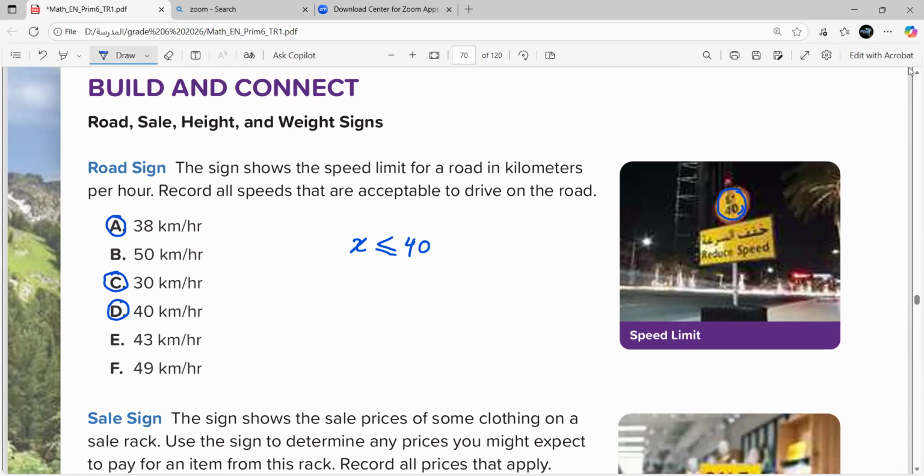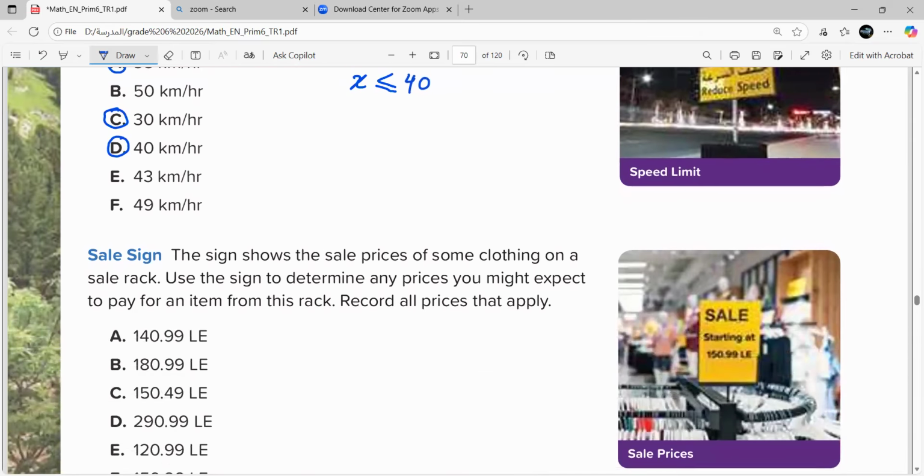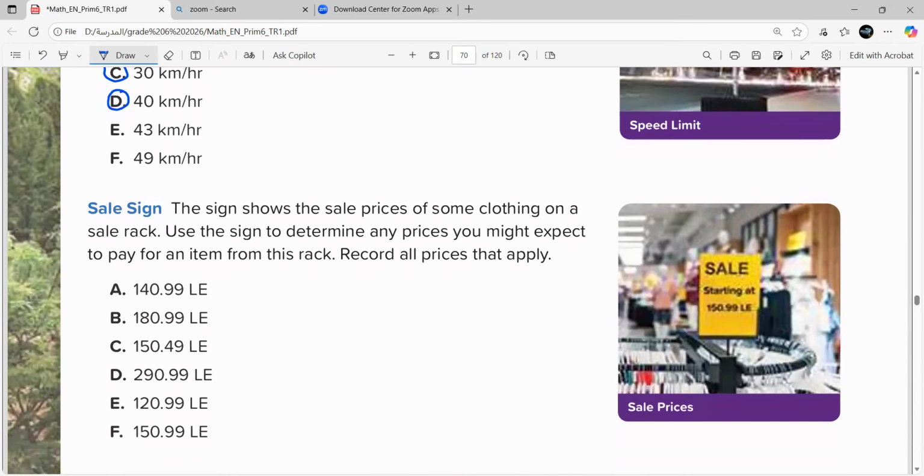Write this with me, please, in your book. X smaller than or equals 40. So 40 is acceptable, or less than 40. So read it with me again. X is smaller than or equal to 40. Okay, let's study the next example.